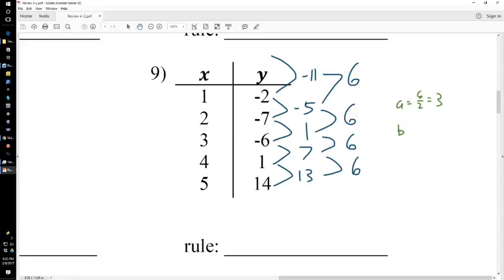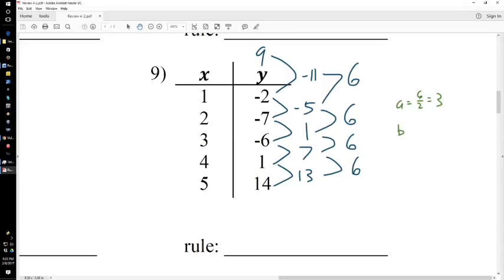Negative 2 minus negative 11 equals positive 9.